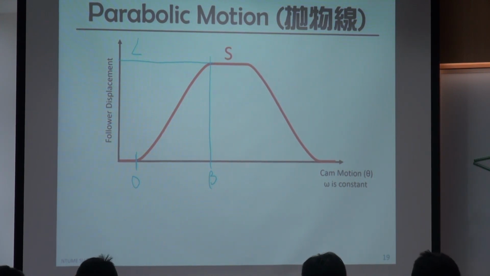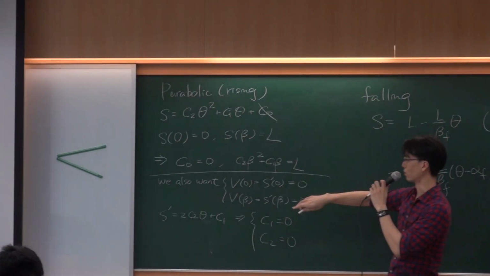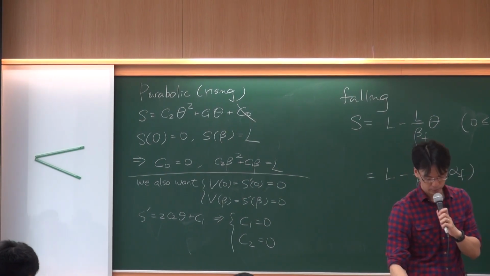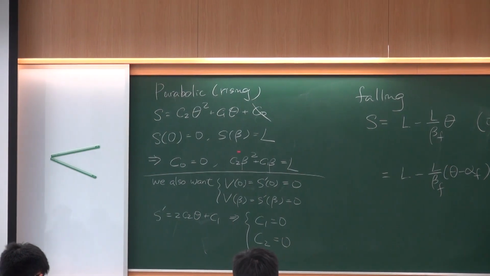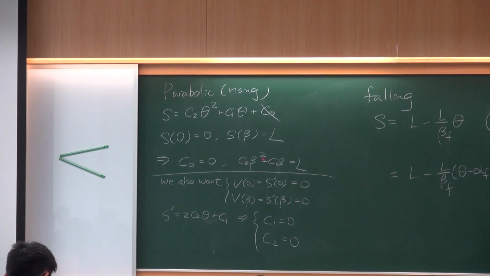And C1 and C2 can have more than one choice. You have many options to make this equation valid. You have one equation to define these 2 unknowns, so you have numerous solutions.